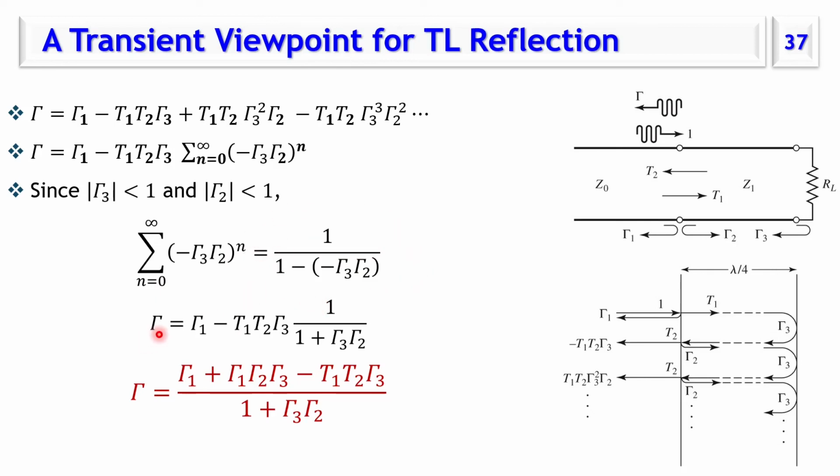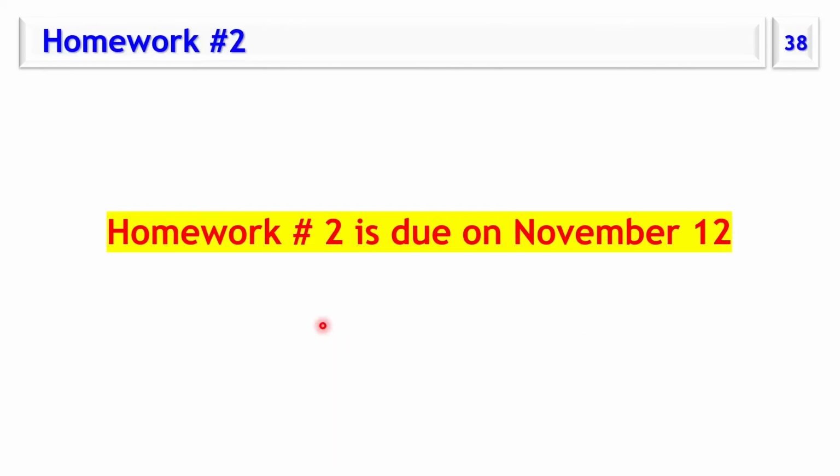So the total reflection coefficient would be gamma 1 minus the sum of the geometric series. If we take this element here, then we sum for a large number, we will find the expression for the steady state reflection coefficient, but this time we are coming from the transient analysis angle.